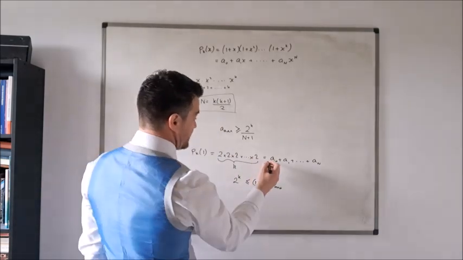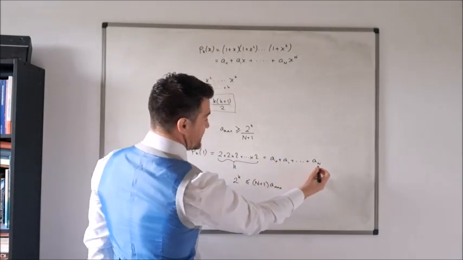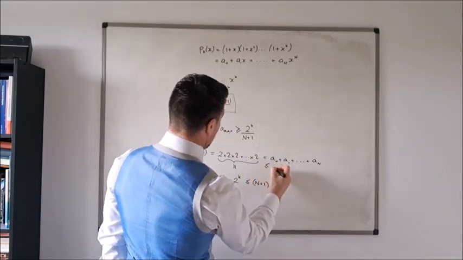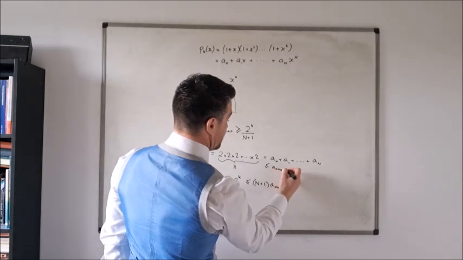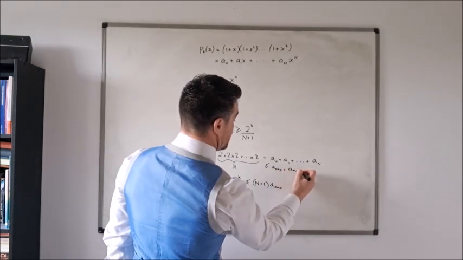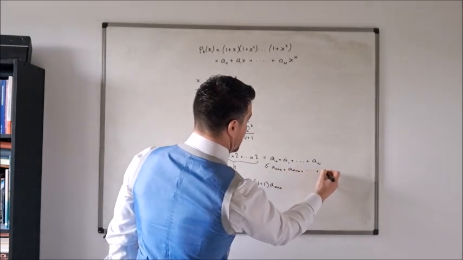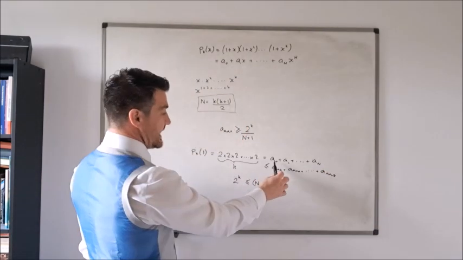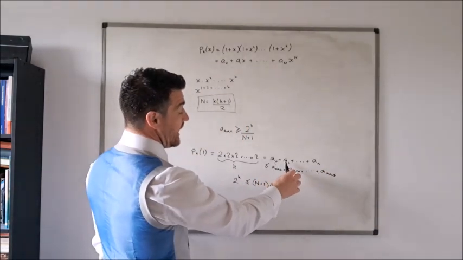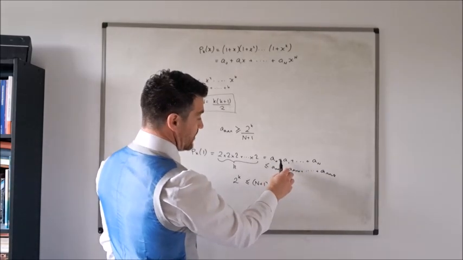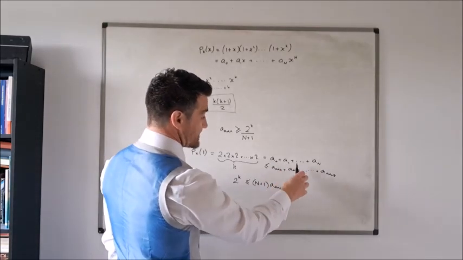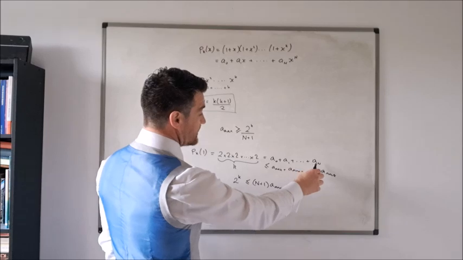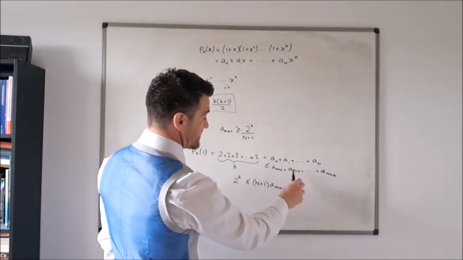Because this is going to be less than or equal to a max plus a max plus a max, n plus 1 times. So I'm replacing each of these, a0, a1, an, with a max, and these are all less than or equal to a max.